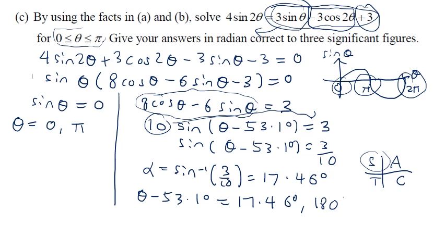So 180 minus 17.46 degrees. So here is 17.46, and the other one here we got 162.54 degrees.